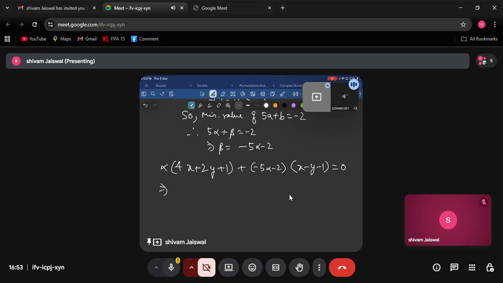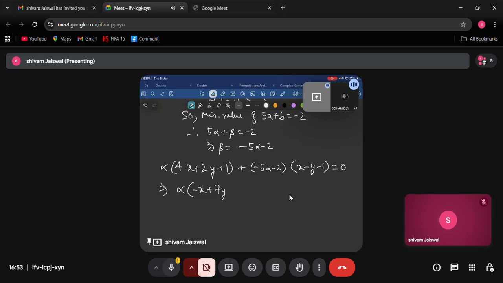So let us write down the coefficient of alpha. Alpha into 4x minus 5x, that is minus x, 2y plus 5y, that is 7y, so minus x plus 7y.